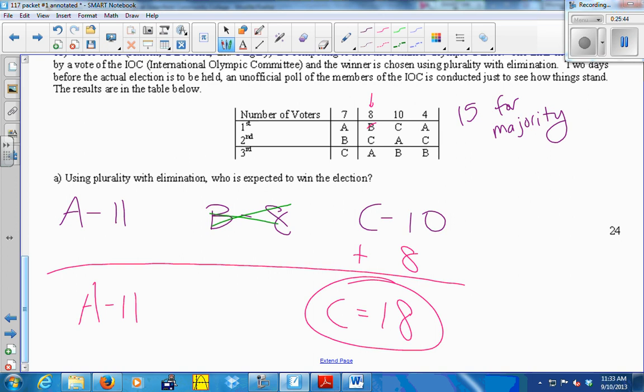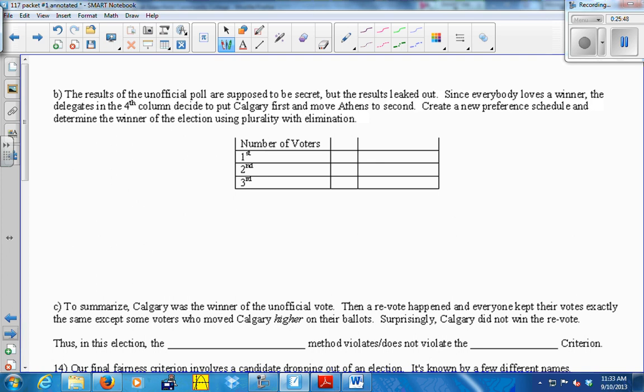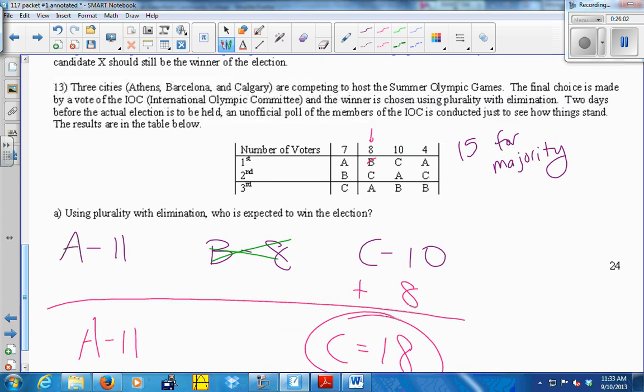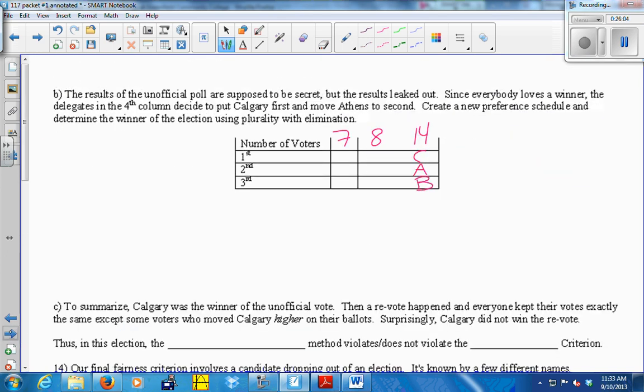So it's going to go 7, 8, 14 now. So we have 7, 8, 14. And these 14 are CAB. And then the other 2 were ABC and BCA.